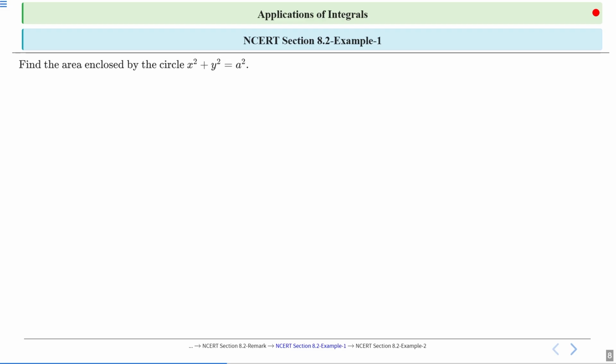So first draw the circle, then find the limits of the range, and then using the definite integral find the area of the circle. So try this question.